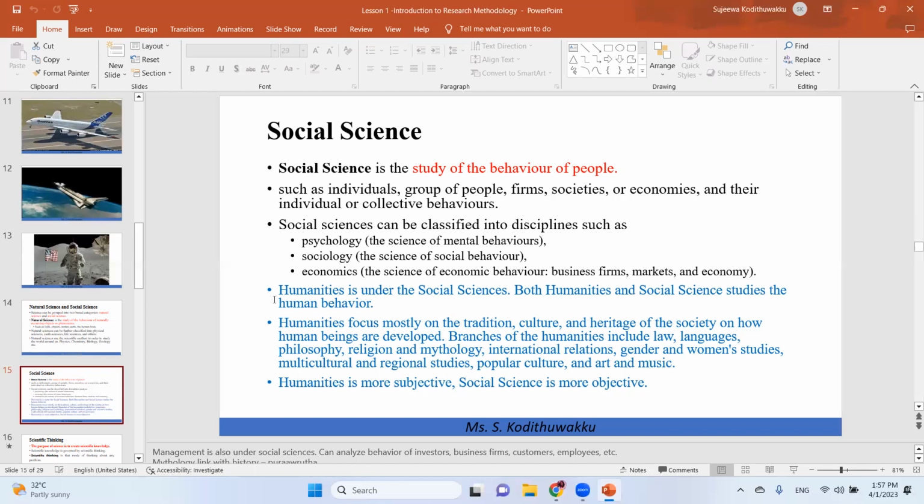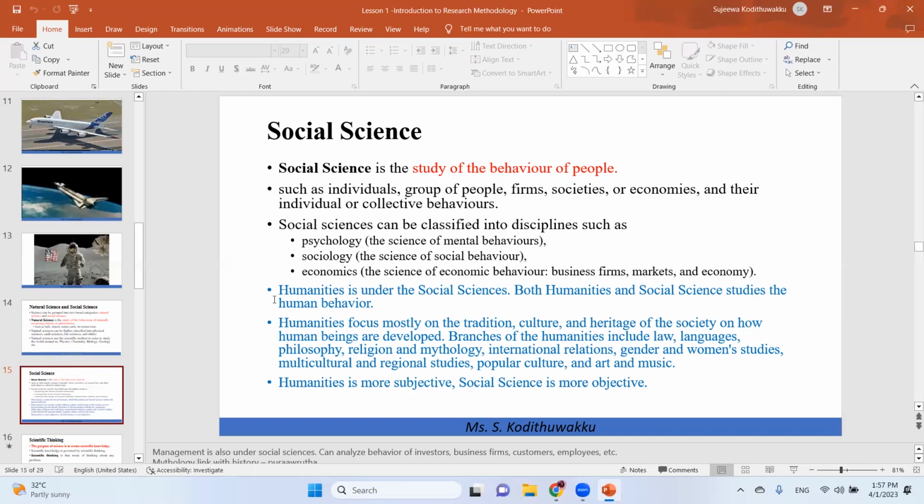Then sometimes you have to conduct research about, let's say, the entire customers of the banking system. The target group is actually the entire group of customers who use ATMs, let's say.